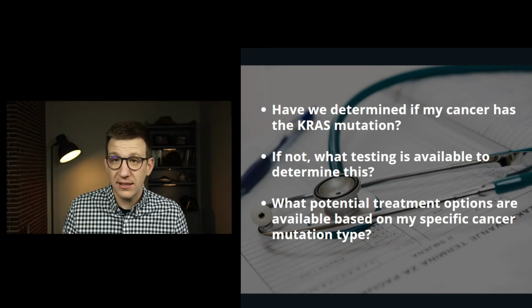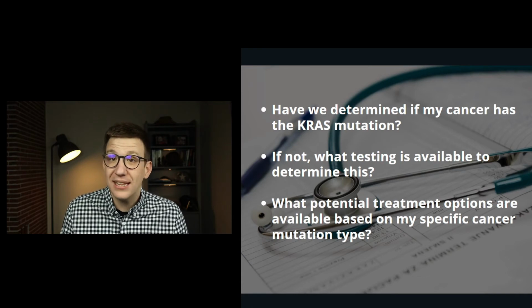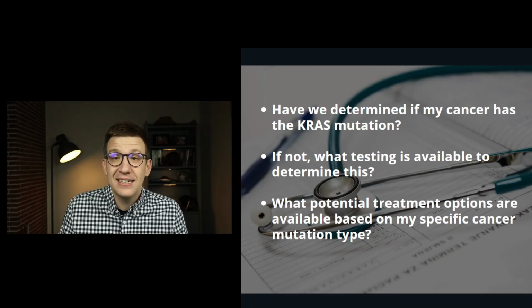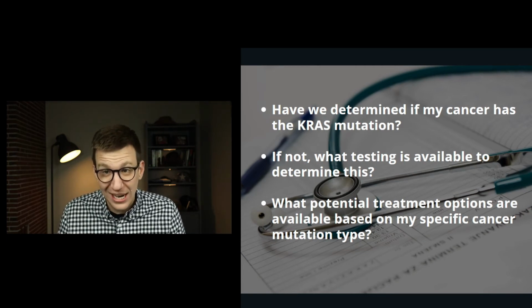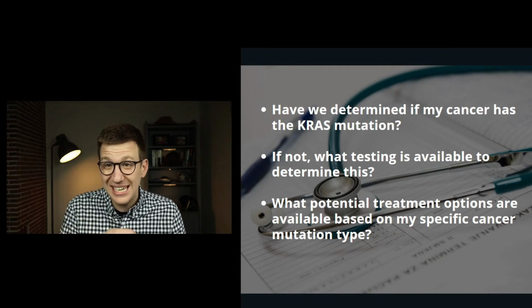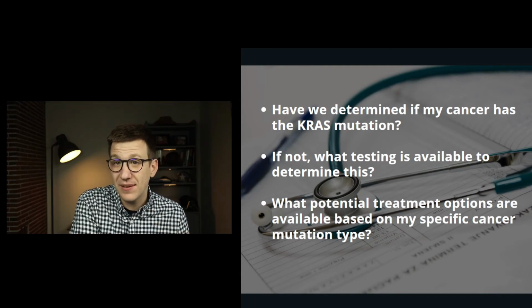Sometimes the answer might be nothing. Other times it might be there's something in development right now. If anything, that helps give hope, right? And finally, the answer might be there's something available right now. We just hadn't thought about it because we hadn't tested to understand that was available.